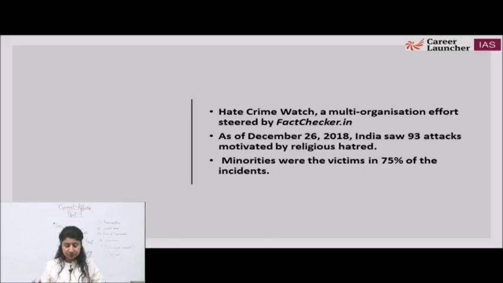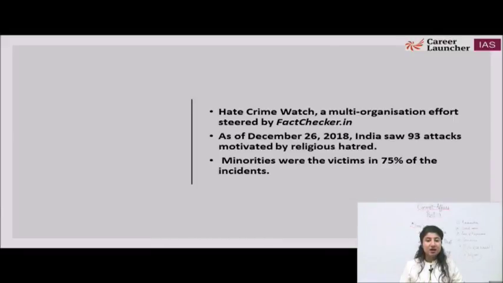Don't you think it is a direct and blatant violation of secularism? Minorities were the victims in 75% of the incidents, religious hatred driven by religious motives. My religion is superior to yours, and also I am in the majority, so I have more force to inflict pain on the minorities. The coming data will show you the real picture.